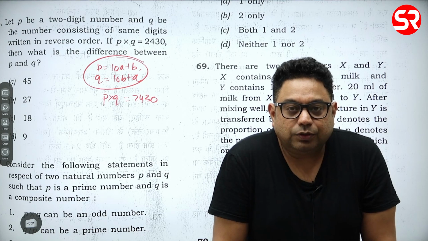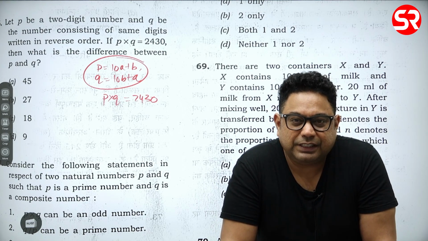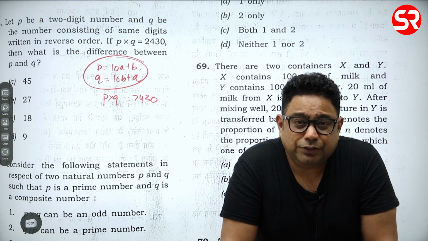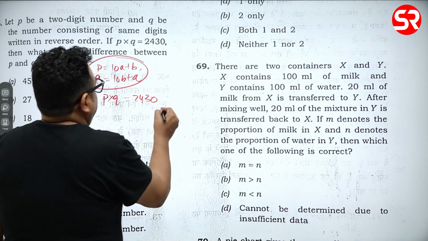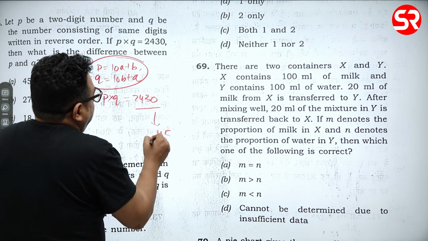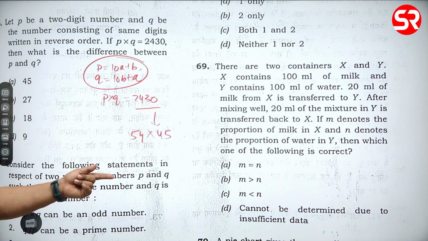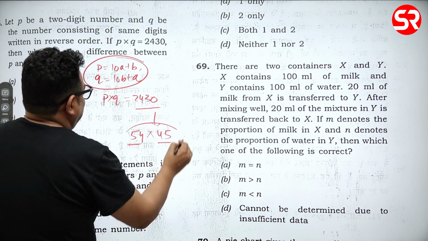Luckily, 2430 is a multiple of 9, which instantaneously gives you something. Multiple of 9, yes sir. Multiple of 5, yes sir. 2430 is a multiple of 45. That is what you needed. It is actually 45 into 54. So one number is 54, another is 45. What is the difference between these two numbers?